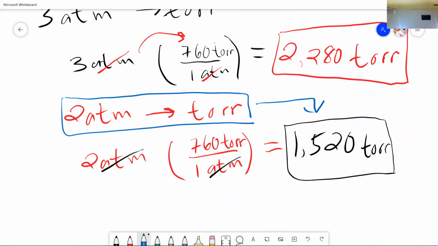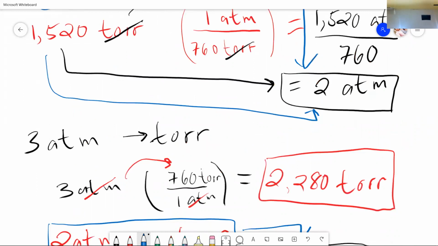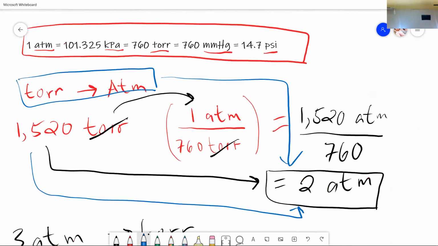Okay, another example. What if you're asked to convert psi to ATM?